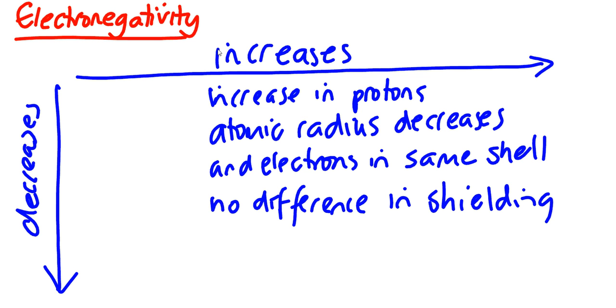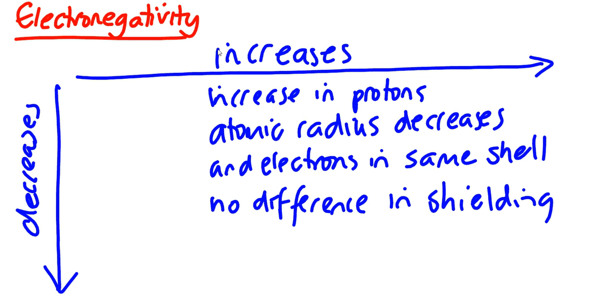It becomes easier to pull electrons off atoms down groups. Electronegativity decreases down a group. Electrons are less tightly held. They're less pulled into the nucleus because down a group, atomic radius increases. Outermost electrons are in shells further away from the nucleus, and there is more shielding.